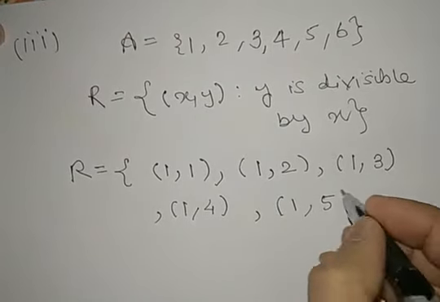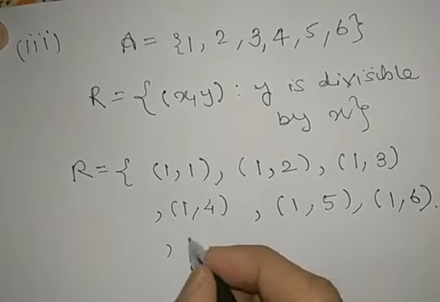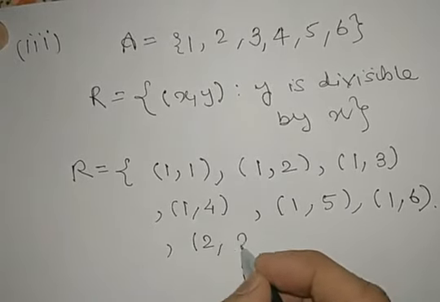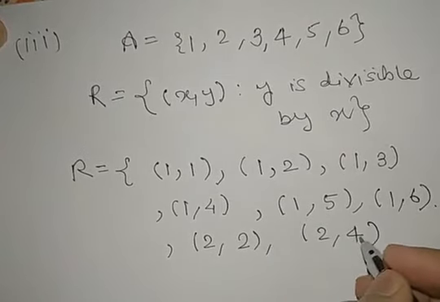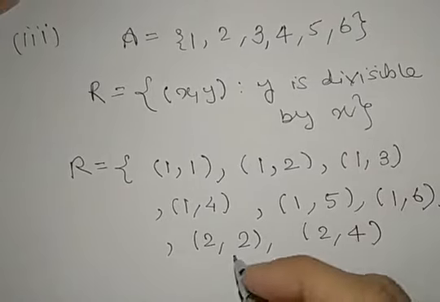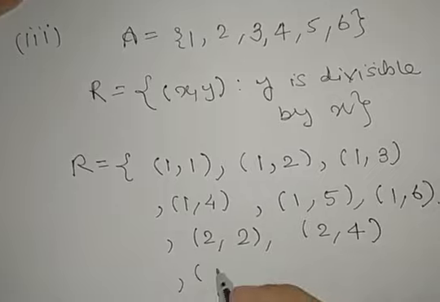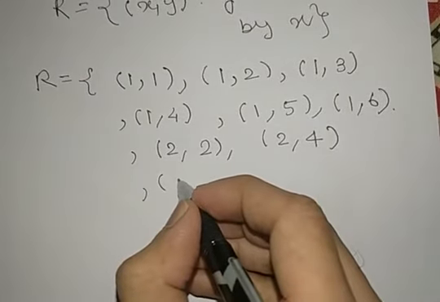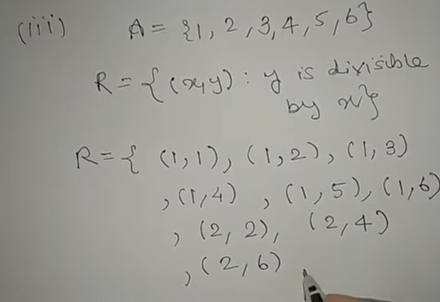So (1, 5), (1, 6), then you have (2, 2), (2, 4), since 2 is divisible by 2 and 4 is divisible by 2. Then you have the element (2, 6).